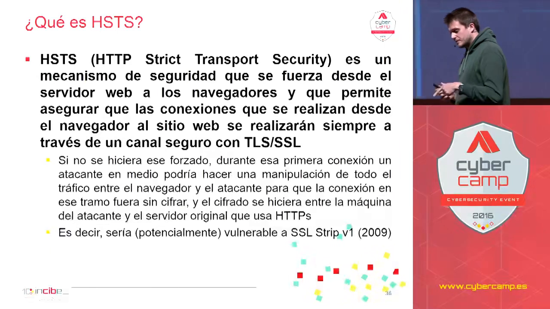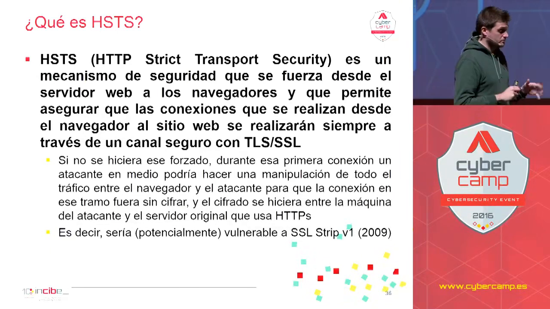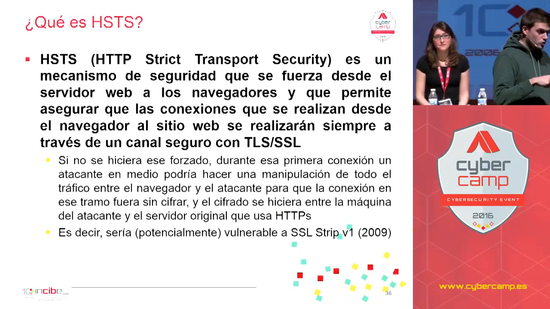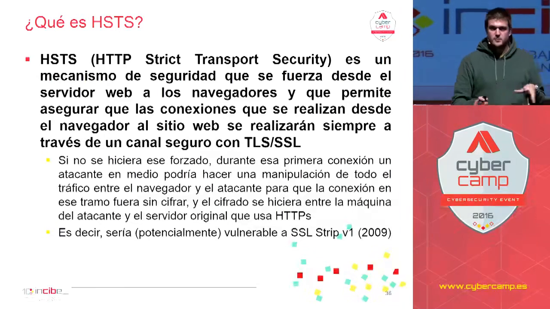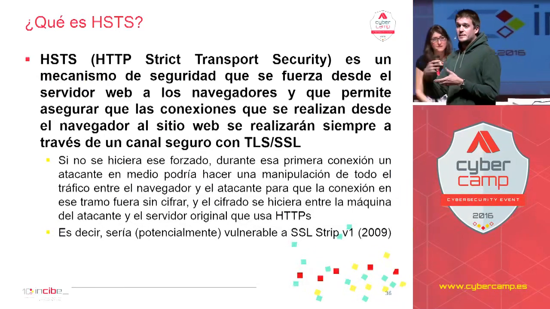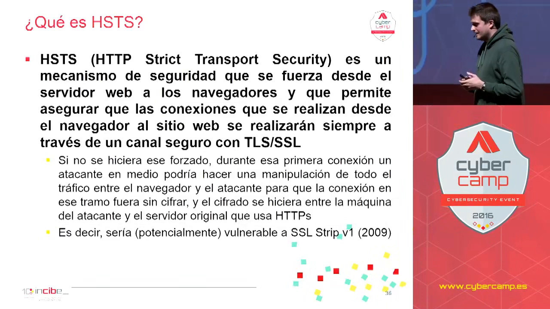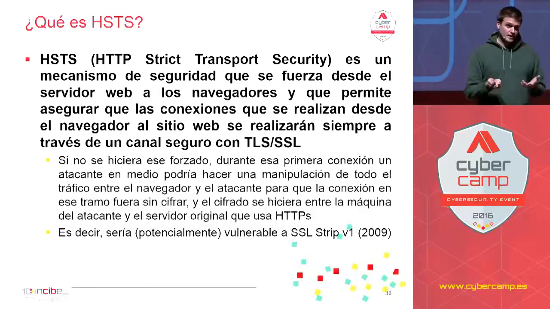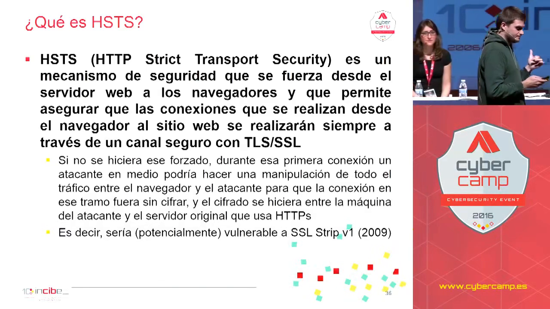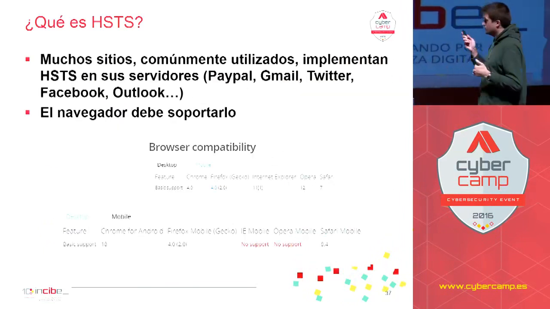That's SSL strip. Well, there's a problem with the first connection, because when we go to the browser and type gmail.com, facebook.com, whatever, my browser sends a request over HTTP the first time because the cache is empty, right? So there is this preload concept, the same as with HPKP, exactly the same, and we will mention that.